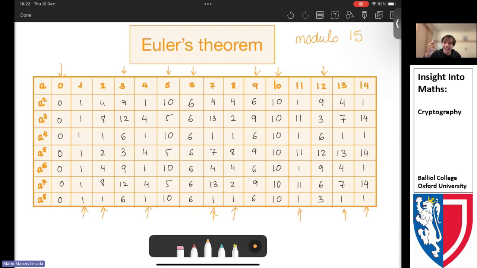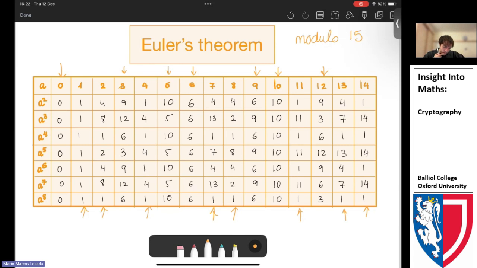A different way of saying that is that they share some prime factor with 15. Whereas the numbers marked at the bottom do not share any prime factors with 15, and these numbers are called coprime. If you have two numbers which don't share any prime factors with each other, for example 5 and 6, these numbers are called coprime. So the numbers I've marked at the bottom are those coprime to 15, whereas the numbers I've marked at the top are not coprime to 15, i.e. they share some common factor with 15.